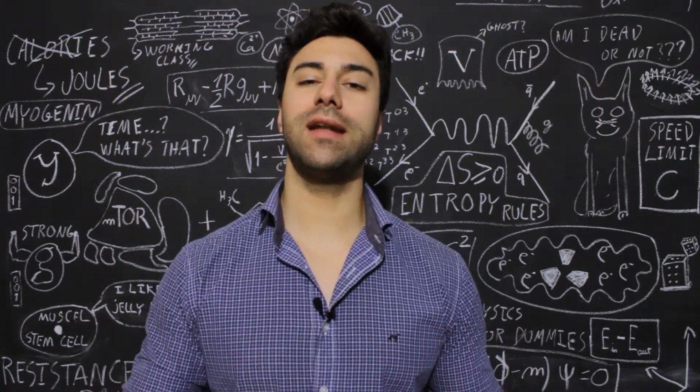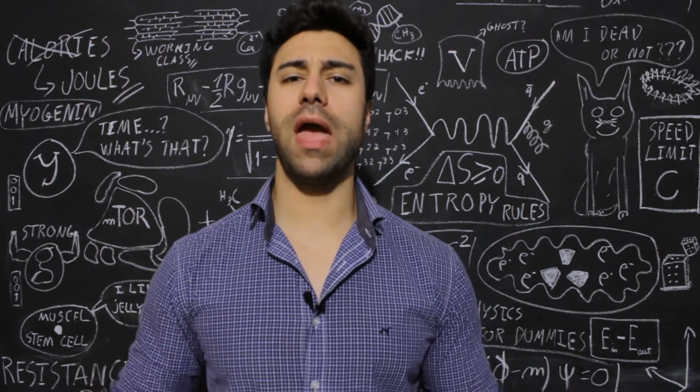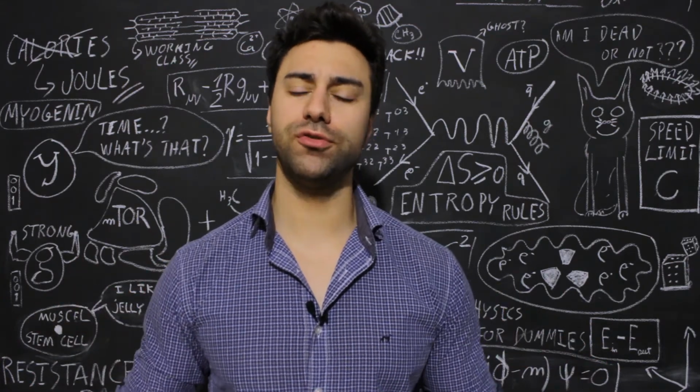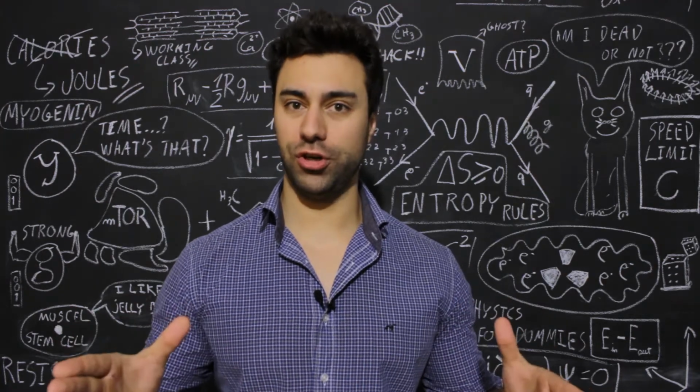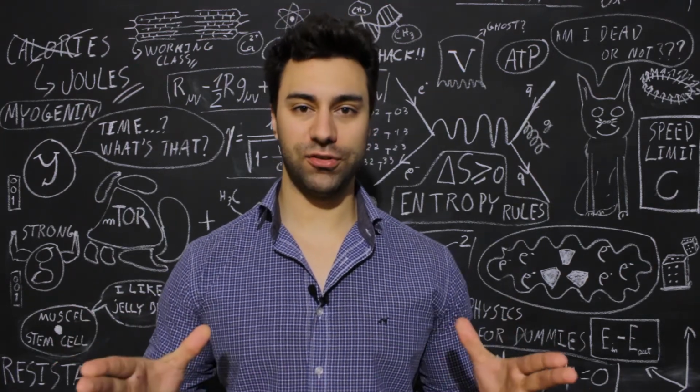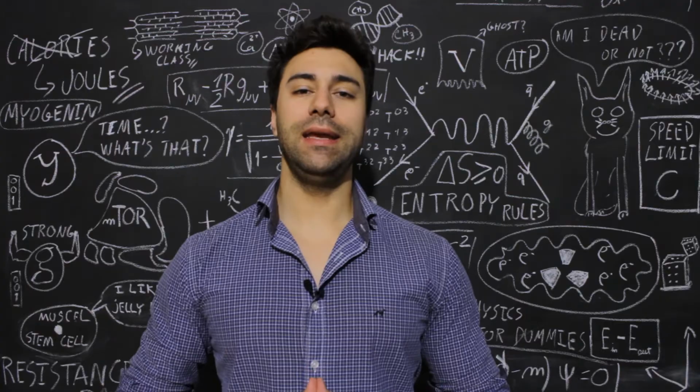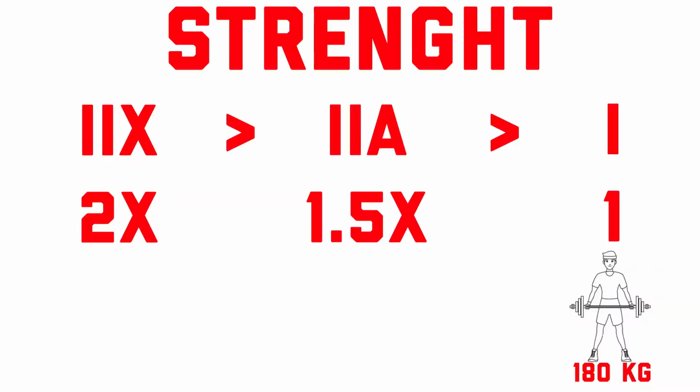So using again an analogy, let's imagine we have 3 different kinds of bros. They all go to the gym, they all squat like you should, right? Everybody should squat. Bro number 1 is the type 1 muscle fiber type, and he can squat 180 kilograms.